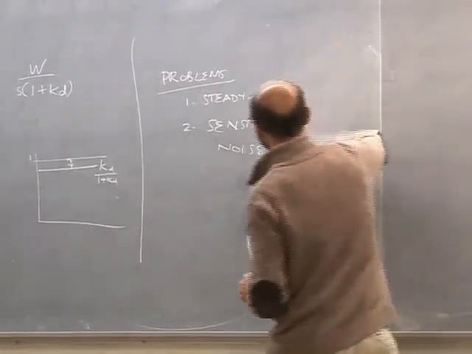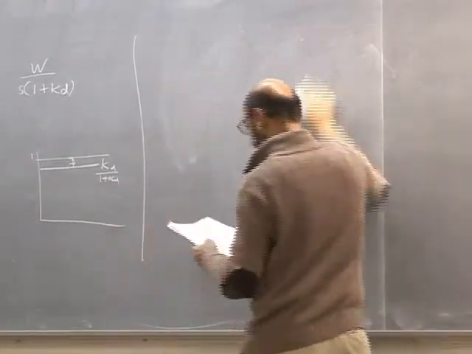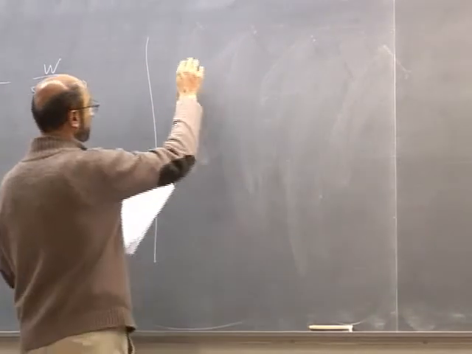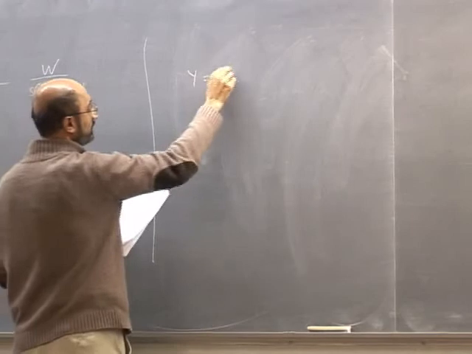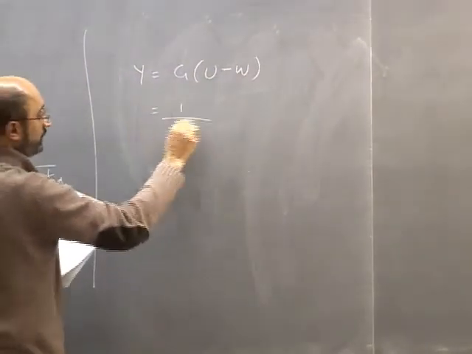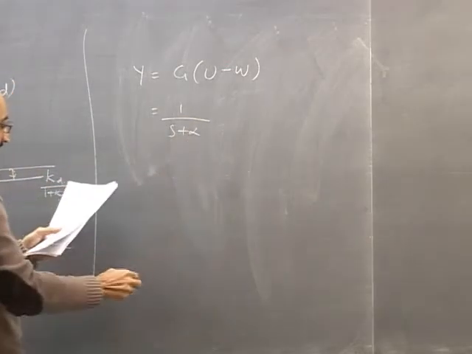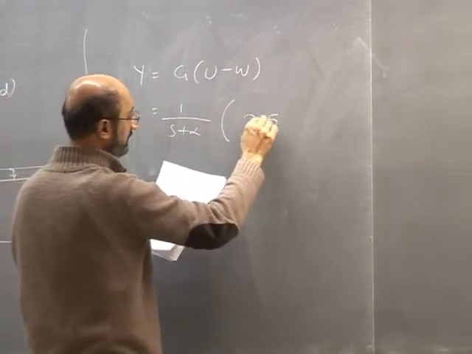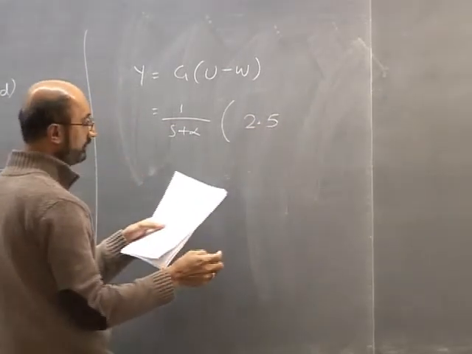All right, let me look at the homework problem. I'm just going to sketch it out. So y equals g u minus w, and g becomes 1 over s plus alpha. So we have this new alpha term. And I had given you the value where I said the feedback k d was 2.5.